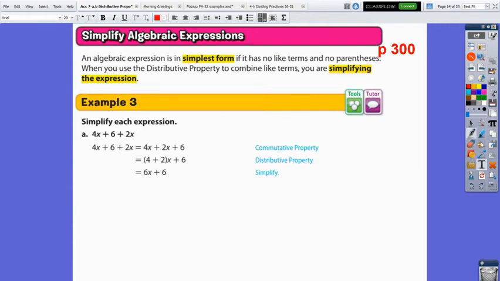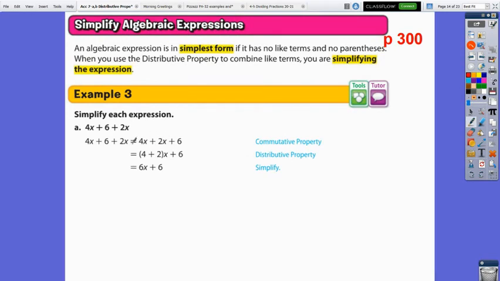Now, the book will show you in this example that you can use the commutative property, changing the order around because it's all addition. And 4x and 2x, you can add them together to get 6x. I would never expect you to write either of these steps. It's just showing you what you should be doing in your head, which is adding the terms that are like terms.